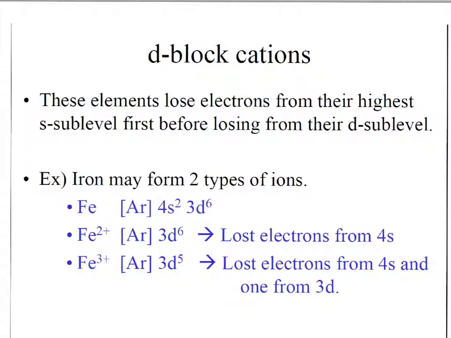So if you think of the electron configuration as we're moving from left to right in the D block, when you start out at the first element, like scandium, for example, that would have a d1 configuration, and then the next one over, titanium, would have d2, then vanadium with d3, and so forth. However, when cations lose electrons, they lose them from their outer shell before they start losing them from the d sublevel.